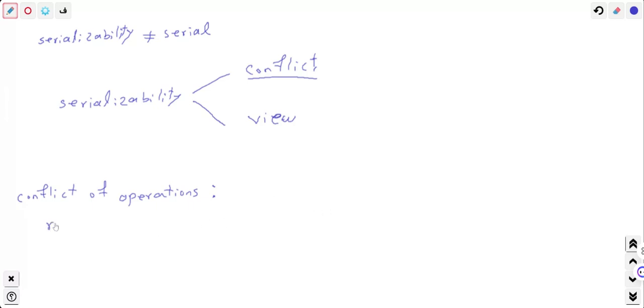We have the read operation and the write operation here. By operation, we mean read and write. We want to know which operations have conflict.